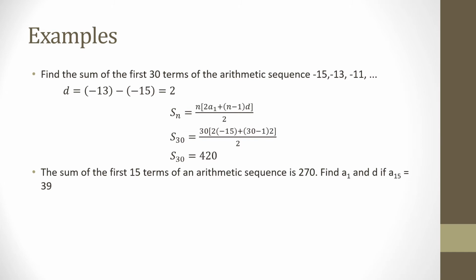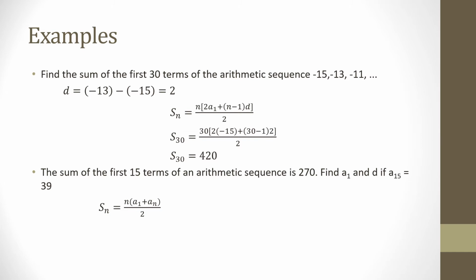So, imbes na gamitin mo itong formula na ito, ang hinahanap naman dyan is yung d. Wala ka rin a sub 1. Gamitin mo yung isa pang formula na S of n is equal to n times a sub 1 plus a sub n all over 2. Okay? So, S of n is given, sum of the first 15.